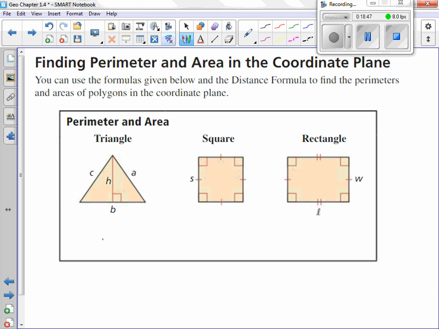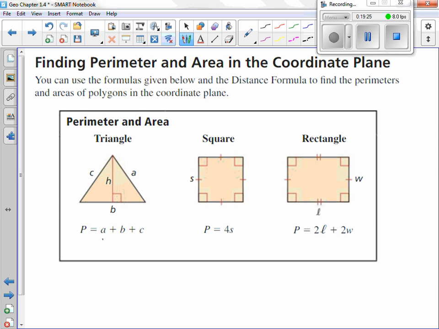So for a triangle, the perimeter would just be A, B, and C. For a square, they're going to call it 4S, because how many sides do we have on a square? And they're all the same, yes? So saying S plus S plus S plus S is the same as saying 4S. In a rectangle, the perimeter is equal to twice the length plus twice the width, because we'll have two of the same sets of sides.